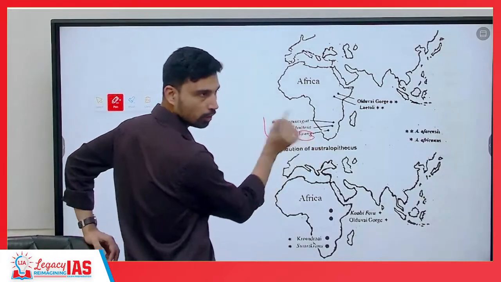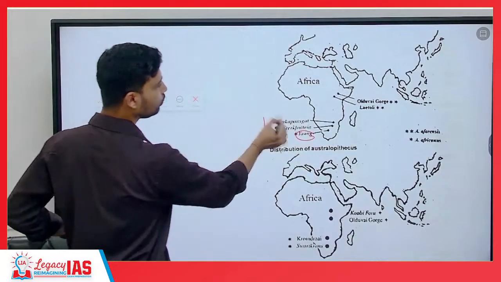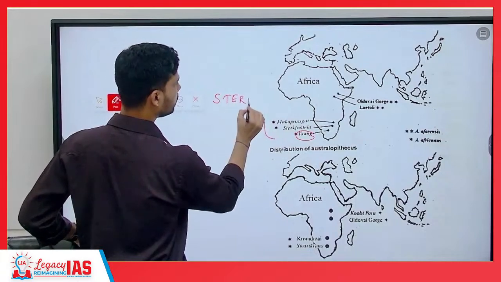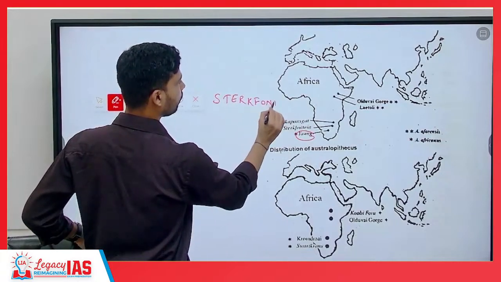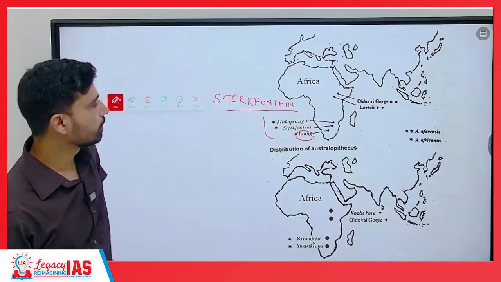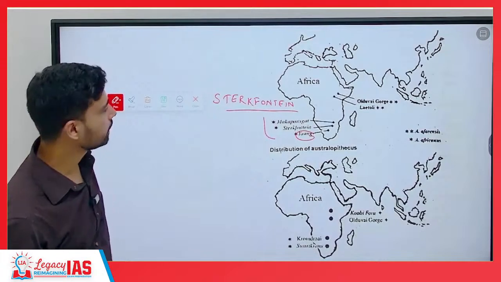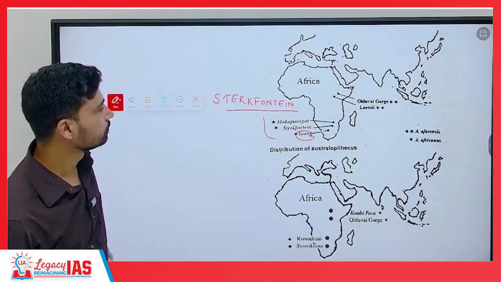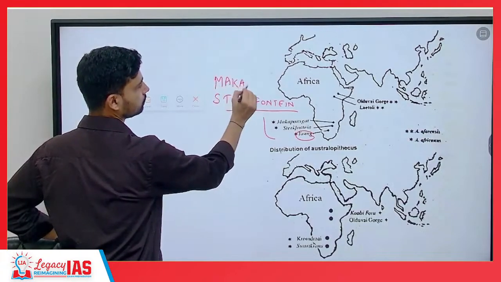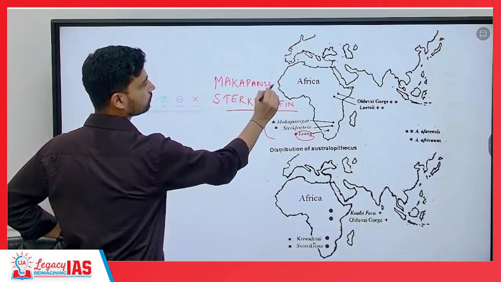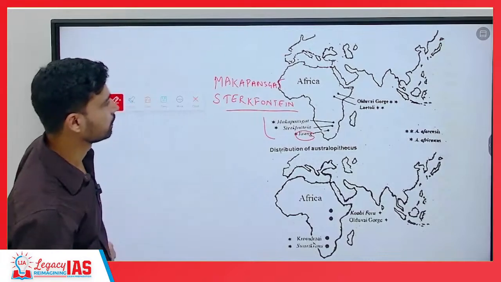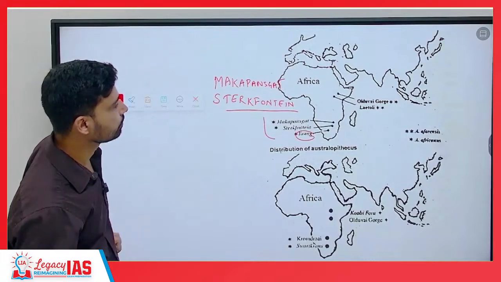Already we have talked about Tong baby was discovered. Apart from that, two places you can write. One is Sterkfontein, apart from Tong, in the same South Africa itself. The second place is Makapansgat.